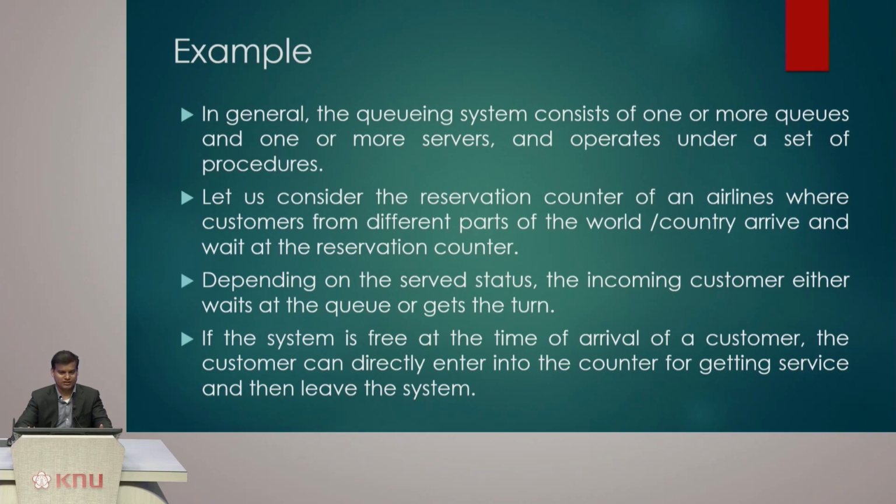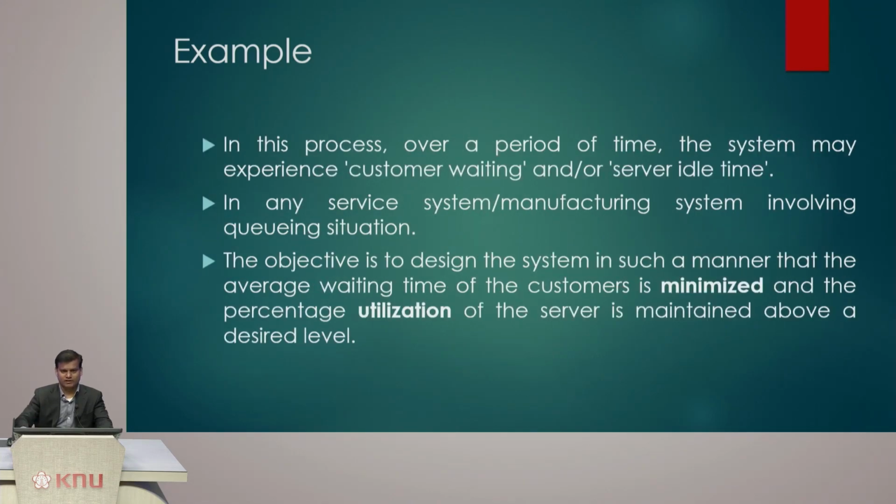This one cashier point where you have to pay for what you have bought is considered one service facility, one counter, or one server. So in this process, over a period of time, the system may experience customers waiting and or server idle time.